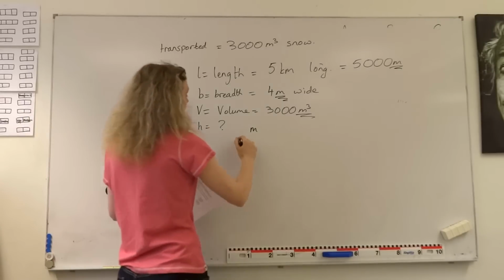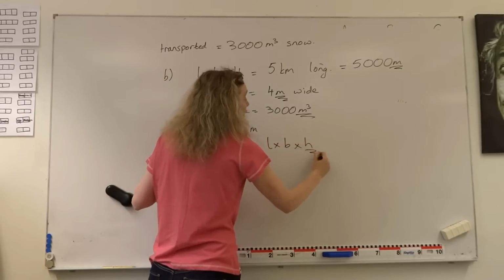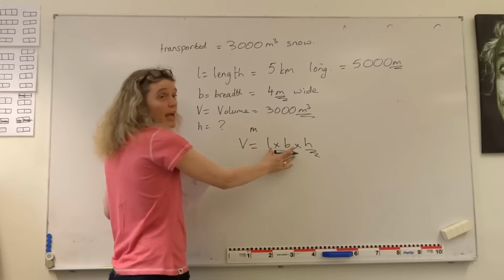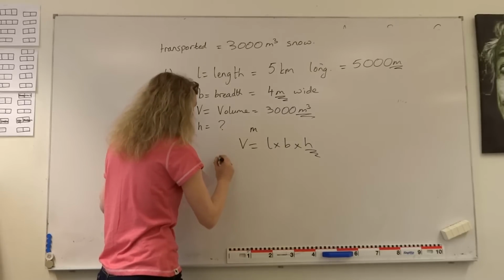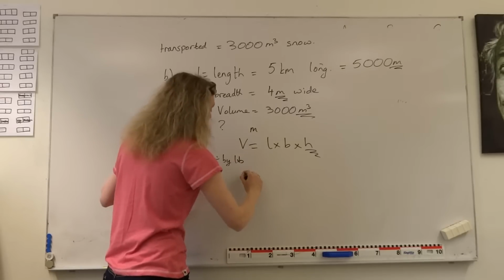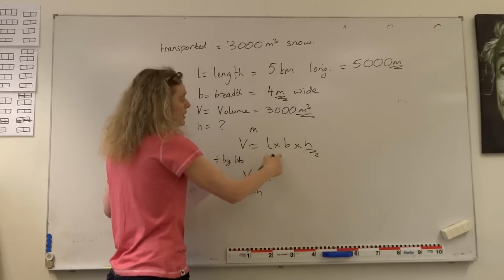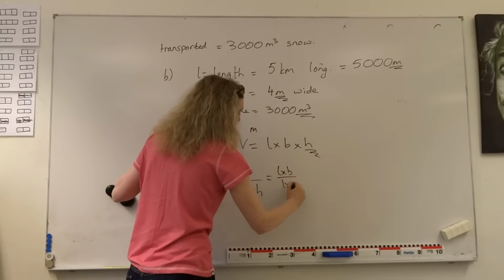So what's our formula? Our formula is volume is length times breadth times height. This is the one we don't know, so we isolate it. Move everything else over to the other side. Divide both sides by L times B. So we get V divided by LB equals LB divided by LB times H. This one cancels.